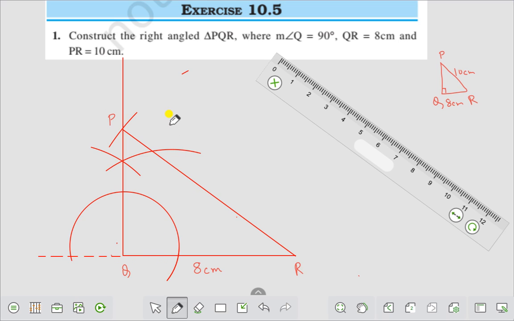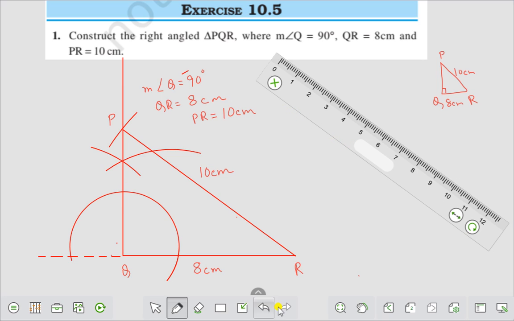Now we have the measure of angle Q equal to 90 degrees, and QR is equal to 8 centimeters, and PR is equal to 10 centimeters. Then the value of this PR is 10 centimeters, right?